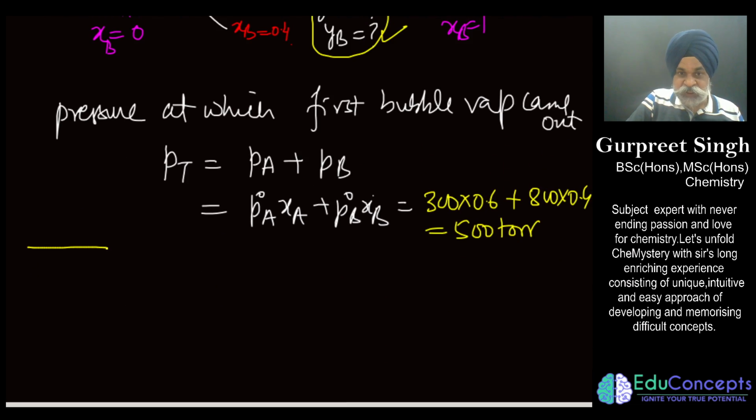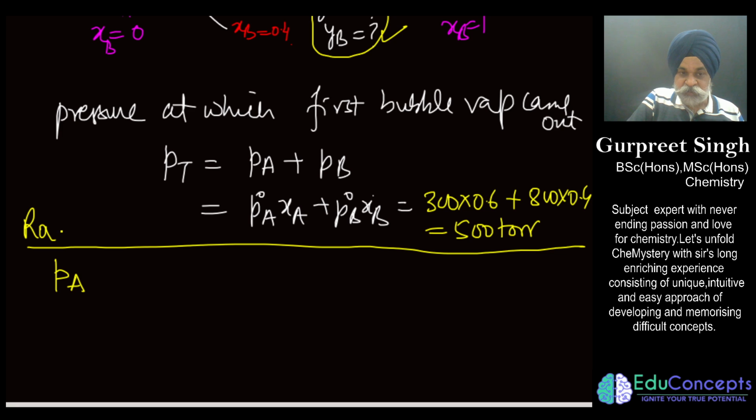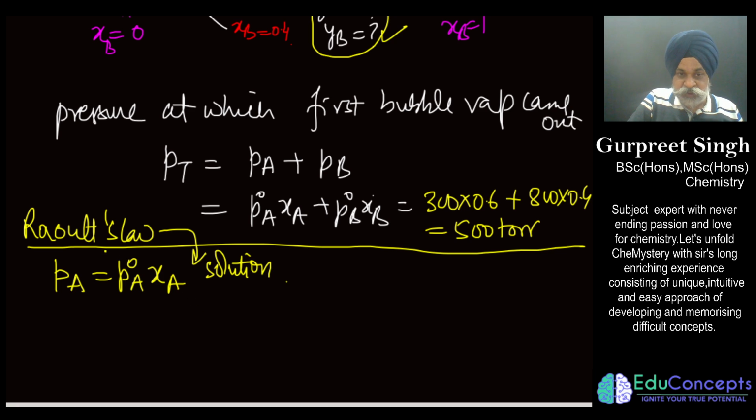Here we shall write once again the same statement. I hope you know that if you write the partial pressure of A using Raoult's law, the formula is PA equals P naught A XA. Raoult's law is applicable for solution. What do I mean by solution?